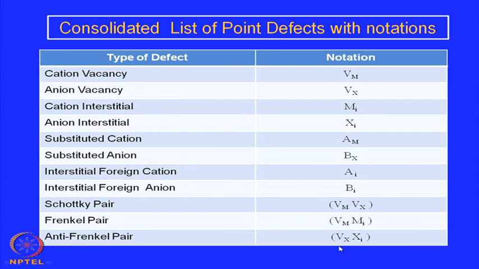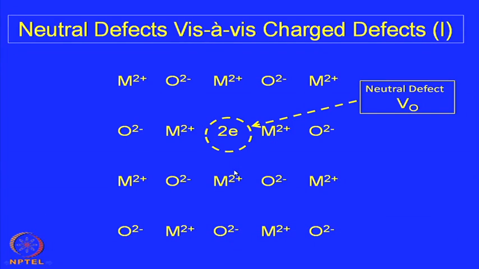X is actually oxygen here. Okay, so those are the notations used for the different kinds of point defects we have discussed just now, and these notations will be quite important and useful for our later discussion.